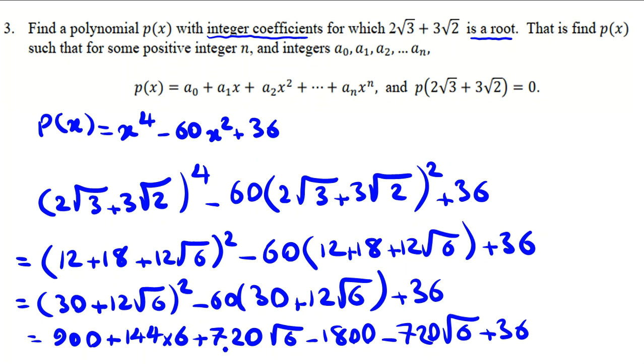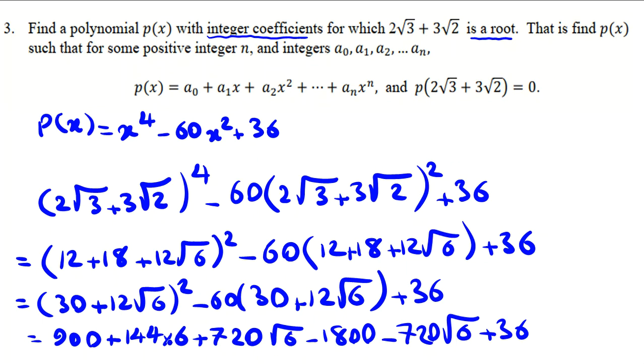Then minus 60 times 30 is minus 1800, minus 60 times 12 root 6, which is minus 720 root 6, plus 36.